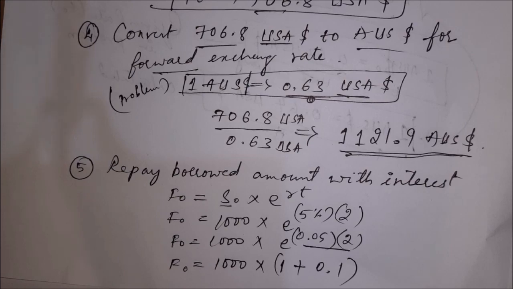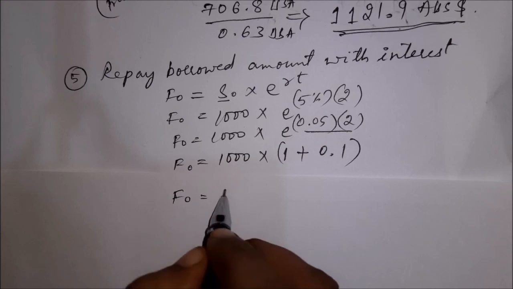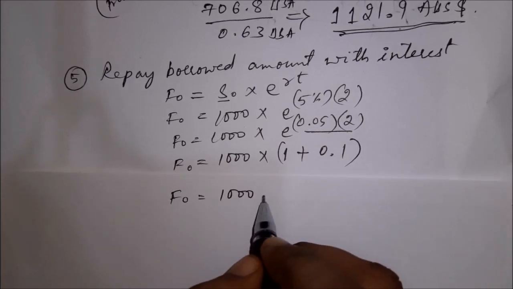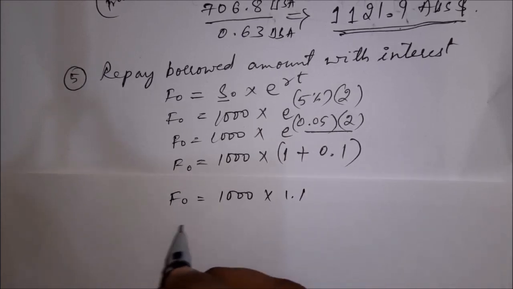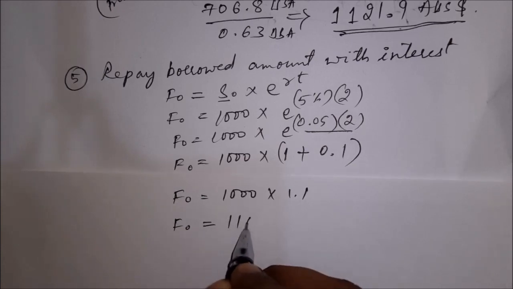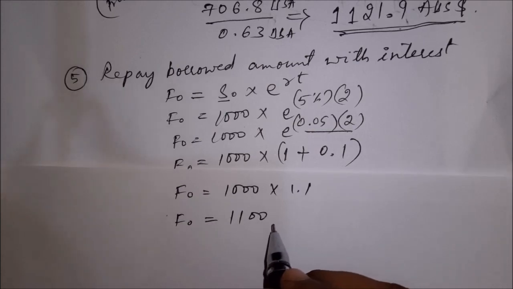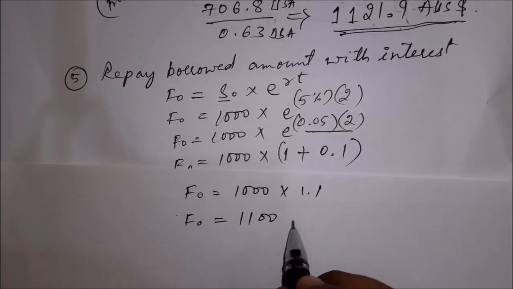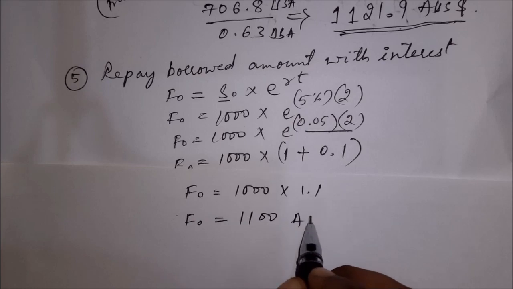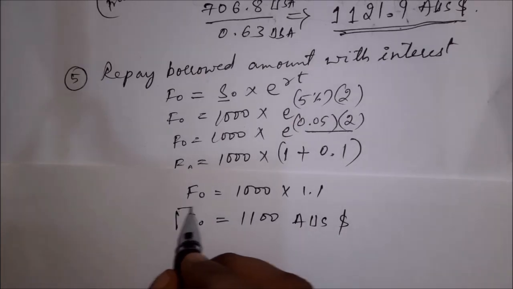Okay, forward price F naught is equal to 1000 into 1.1. F naught is equal to 1100. Now we have repaid the borrowed amount. It is in Australian dollar.